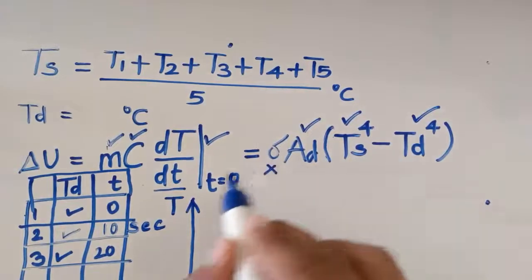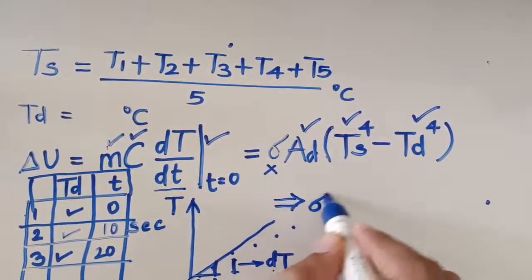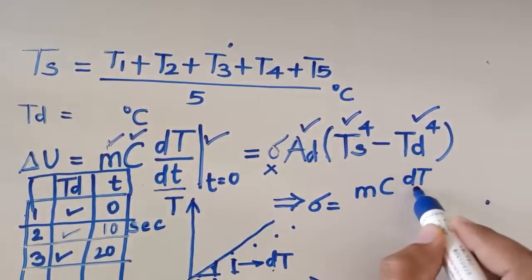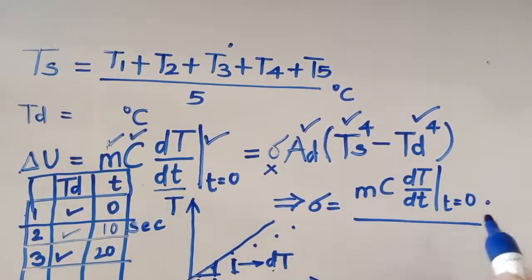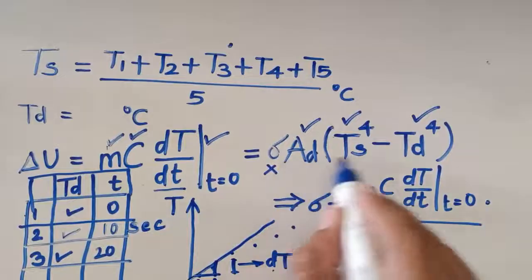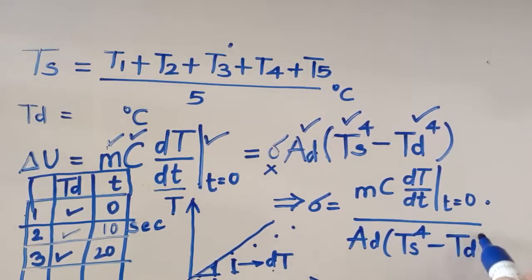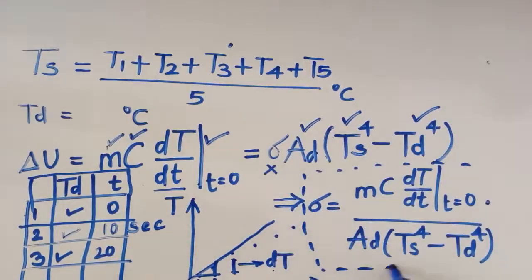So the only unknown parameter is sigma, that we can immediately obtain like this: sigma will be equal to the change in internal energy, m C_p dT by dt at time t equal to 0, divided by the remaining quantities on the right hand side, area of the disk multiplied by T_S raised to 4 minus T_D raised to 4. In this case the only unknown parameter is sigma, so that will give you the value of Stefan Boltzmann's constant in the practical scenario.